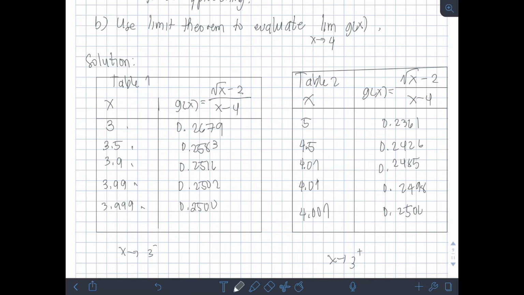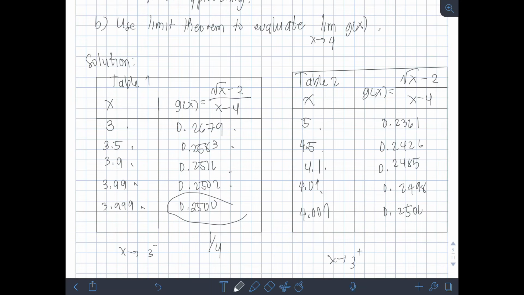So, ang mga value naman natin sa table ng x ay 5, 4.5, 4.1, 4.01, tapos 4.001. Okay, so mapapansin nyo, ina-approach na value ng g of x natin dito sa left-hand side limit or from the left ay 0.2679, 0.2583, 0.2516, 0.2502, 0.2500. So, which is nag-approach sa 0.25 or 1/4.